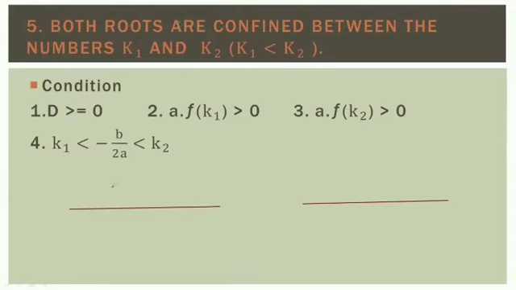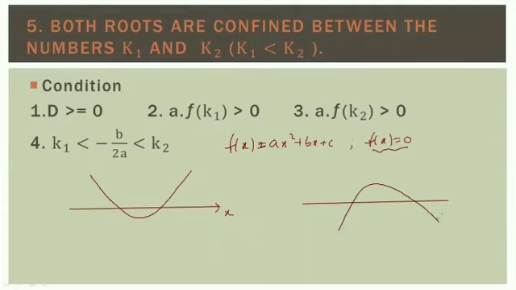The statement means that if we have a function f(x) equal to ax square plus bx plus c and the equation f(x) equal to 0 given, and we have to find the roots of f(x) equal to 0, then we will plot f(x) on the x-axis with the two cases, the first being a greater than 0 and the second being a less than 0. When we plot the graph of the function, this statement means that both the roots are confined between the numbers k1 and k2.